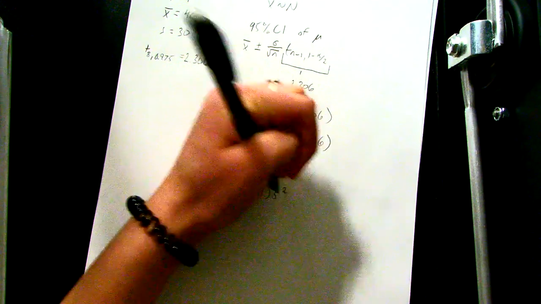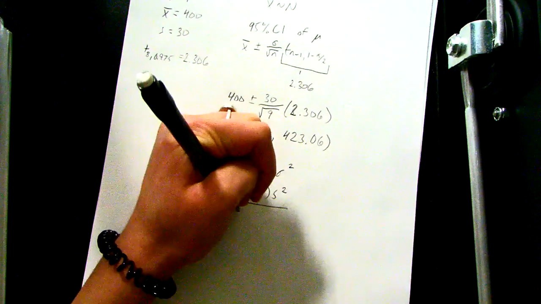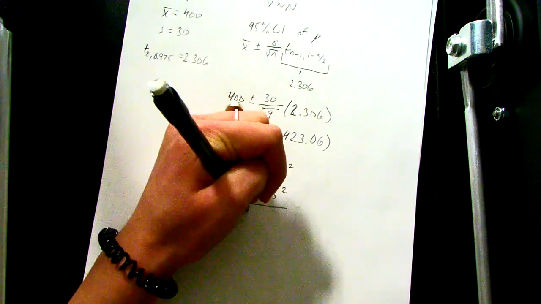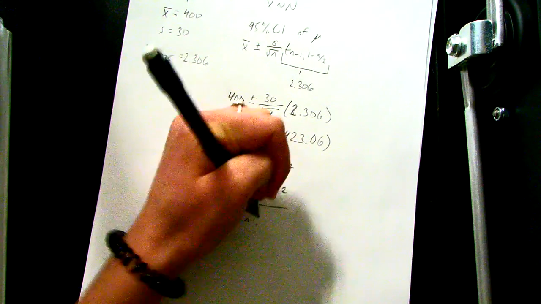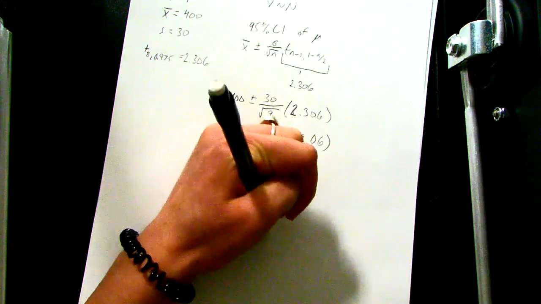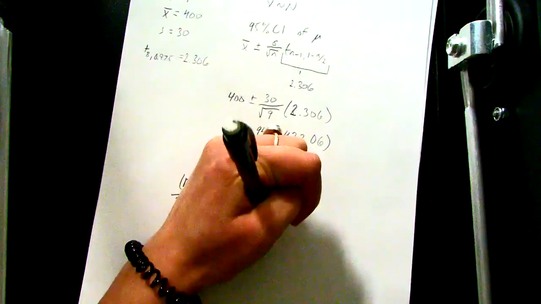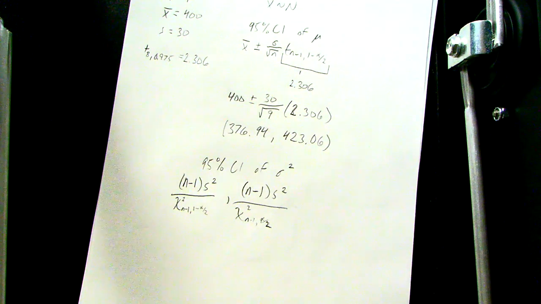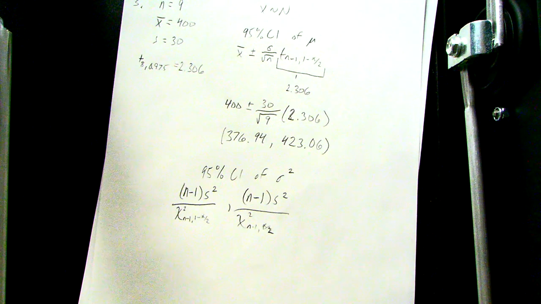I will move my hand in a minute. So for this, we use our chi-square distribution.